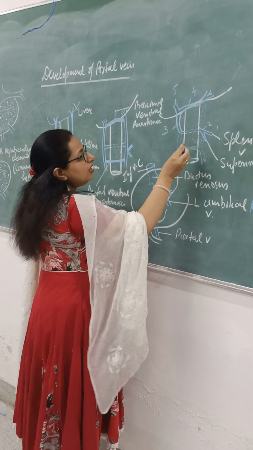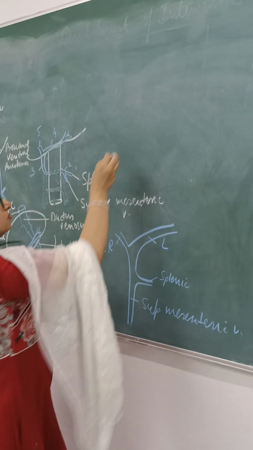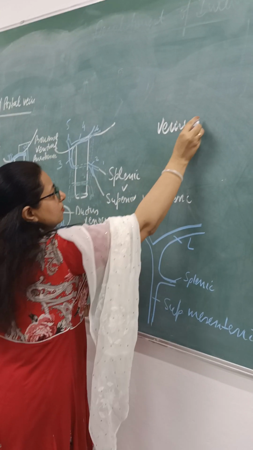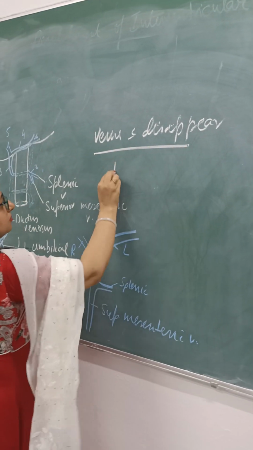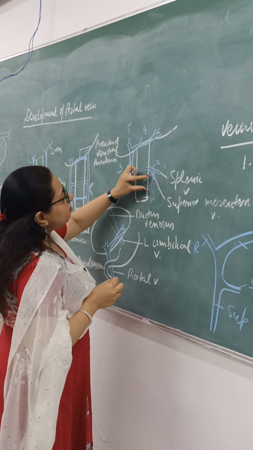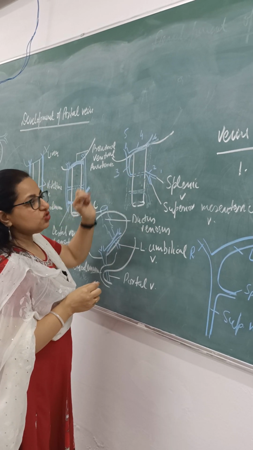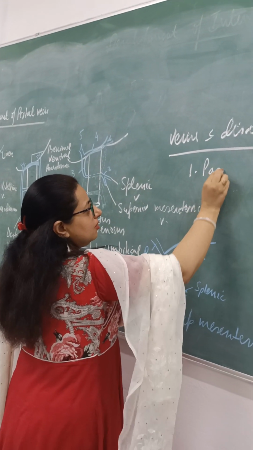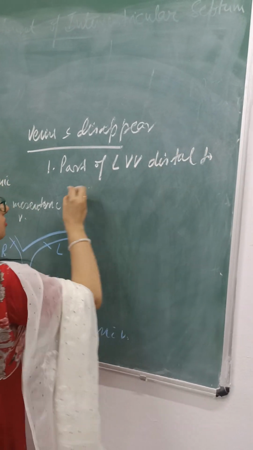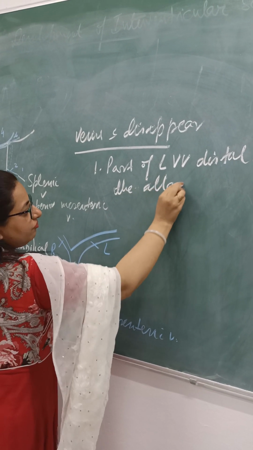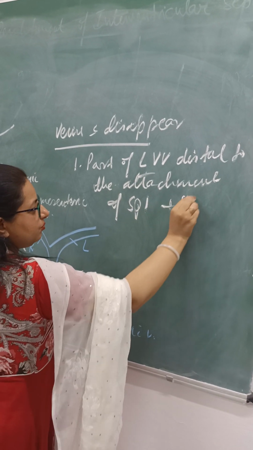In order to achieve this pattern, something has to disappear and something will remain. So the structures which disappear: first is the part of the left vitelline vein distal to the attachment of the splenic and superior mesenteric vein.